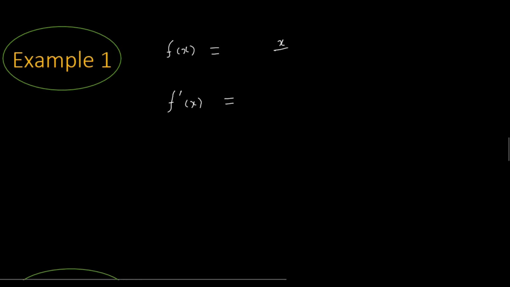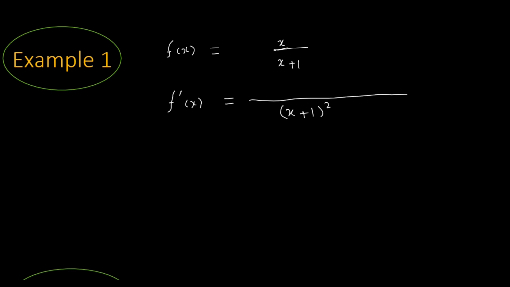Here I am writing x plus 1 because the function will be u of x and v of x. So x plus 1 square will be in the denominator, and x plus 1 as it is, and derivative of x will be 1, minus x, and derivative of x plus 1 will be 1 plus 0.